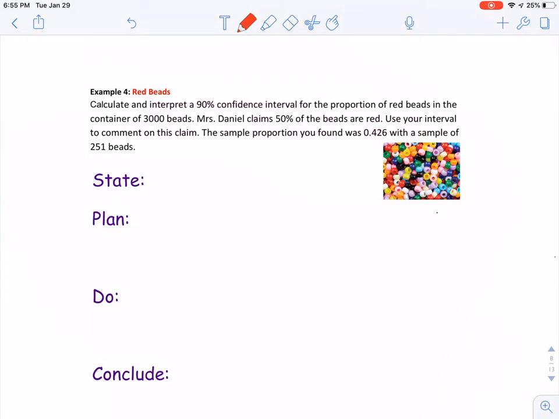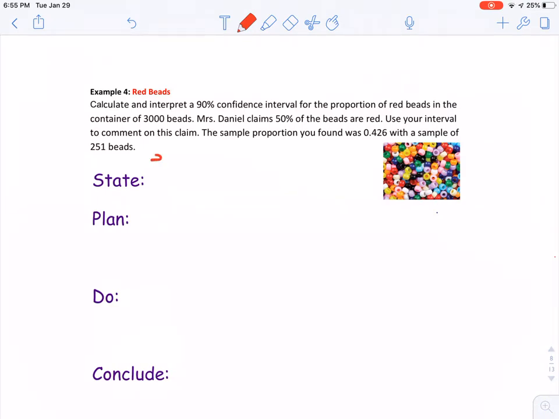Okay, so when we do this four-step process, state, plan, do, conclude, one of the things we want to start with is we always want to state the parameter that we're trying to estimate and at what confidence level we're going to do that. So this problem is asking us to calculate and interpret a 90% confidence interval for the proportion of red beads in a container of 3,000 beads.